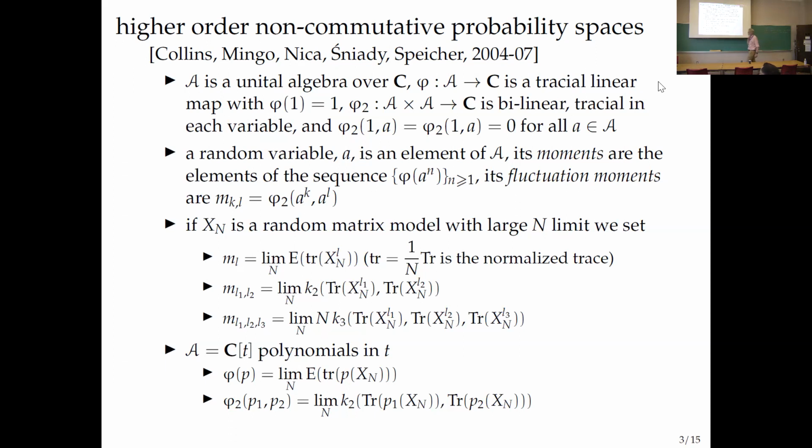If I have two polynomials, P1 and P2, I do the same thing, and I get a bilinear thing. And what about the tracial part? Well, everything's commutative here, so maybe that's a bit vacuous. But if you put a 1 in here, remember I said that cumulants vanish if you put a 1 in any slot. So that's why you have that other axiom.